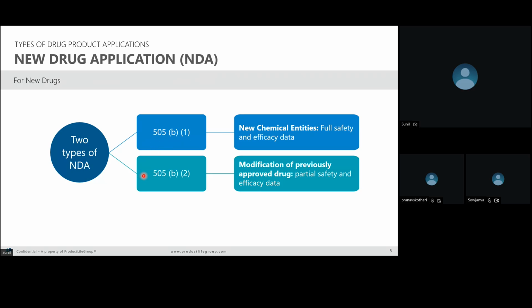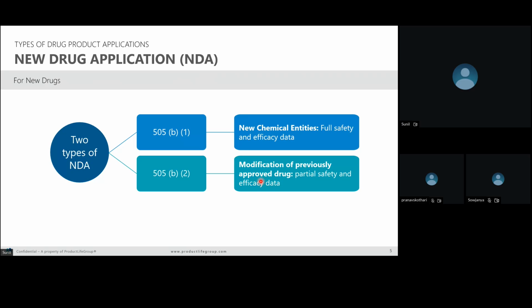But if your chemical is not entirely new, and you have just made some important modifications to an innovative product, it is different. Suppose the example which we were taking, that a product is getting approved in 2031. Suppose that product is rosuvastatin. Rosuvastatin is a very old product, but just take it as an example.